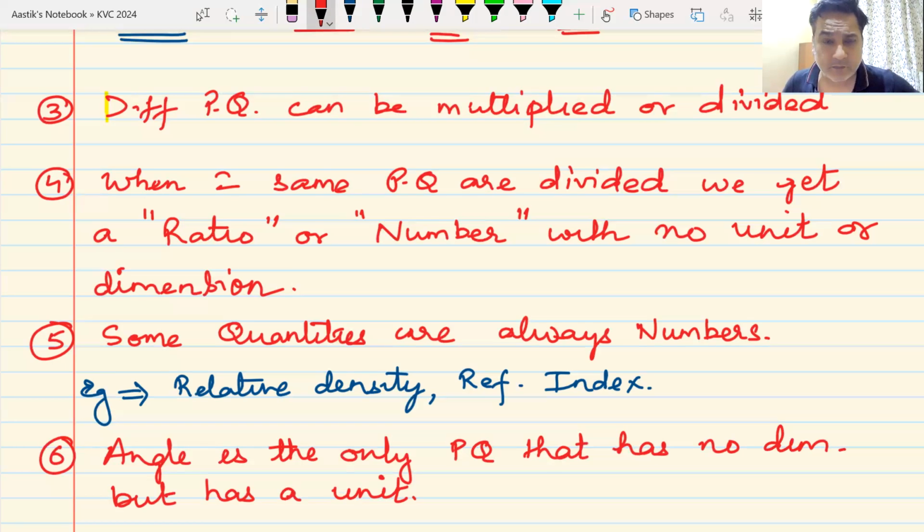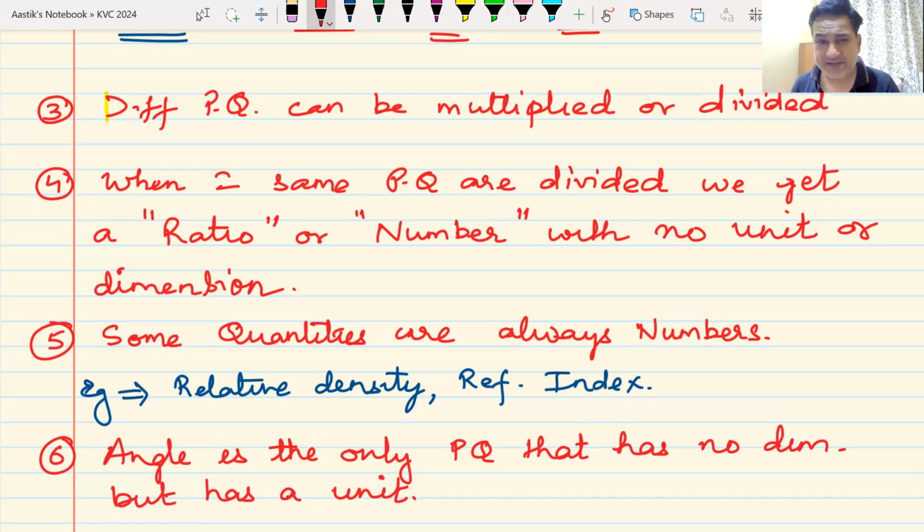Angle is also a ratio of two lengths, but it is special. Remember, angle is a special quantity. Why is it special? Even though it is a ratio, obviously it does not have any dimension, but it has a unit.